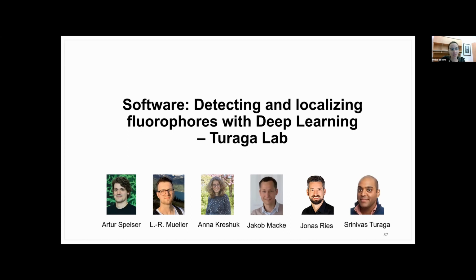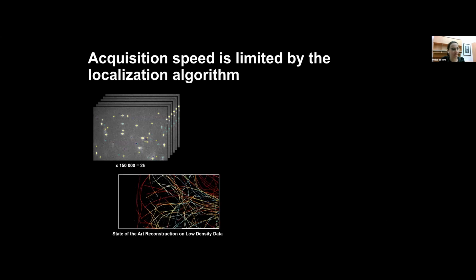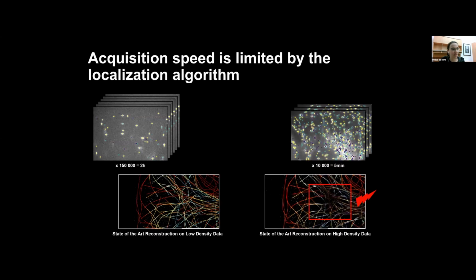The problem they tried to tackle was that you usually need to take quite a few images, for the sake of time, in order to get such a beautiful image.